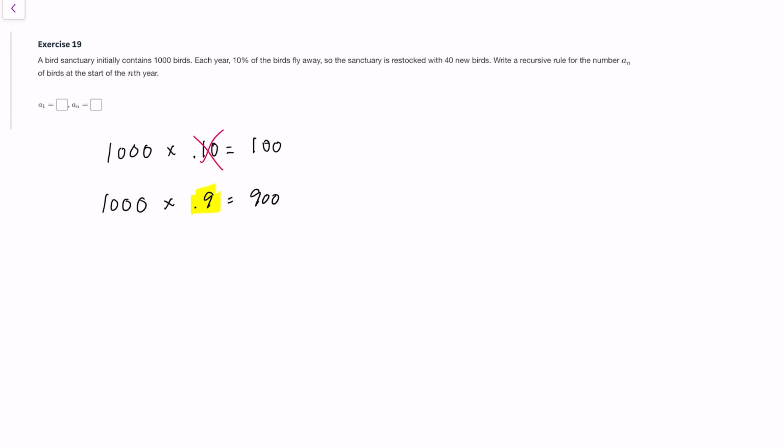So when we come up with our rule, remember we always start with A1, which is going to be the initial amount. That's 1,000. Most of you probably got that one correct. Then for our rule, we have A sub n equal to, let's think about the rate, we're going to have 90%.